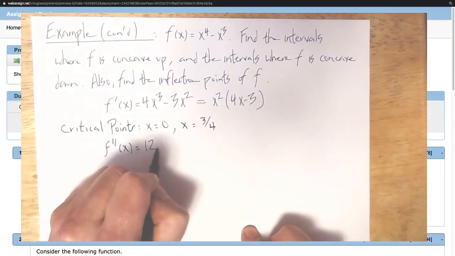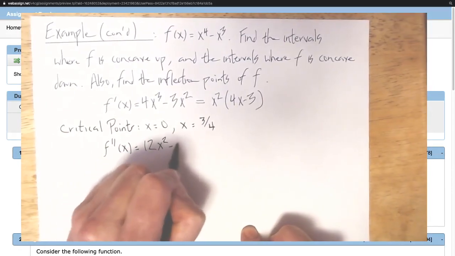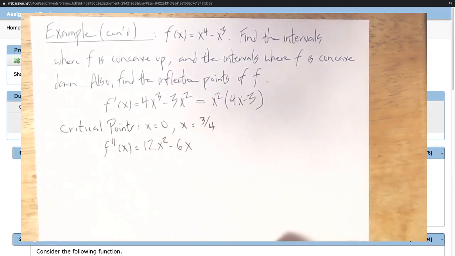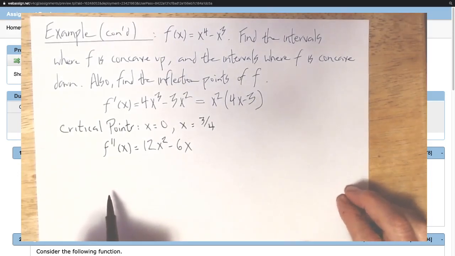So that would be 12x squared minus 6x. And the way to determine concavity is to build a sign chart for f double prime, because that'll tell you where f double prime is positive, which means concave up, or negative, which means concave down.